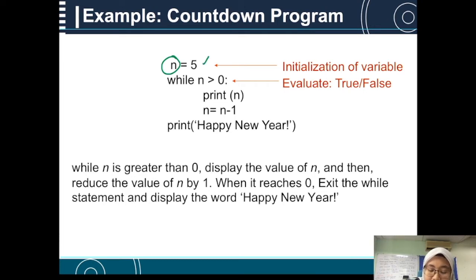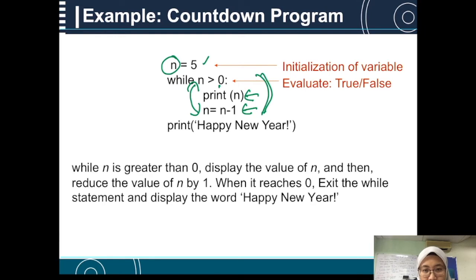And then, as long as the n value is more than 0, I want the program to print the value of n and then subtract 1 from the value of n, and then repeat this as long as the value of n is more than 0.